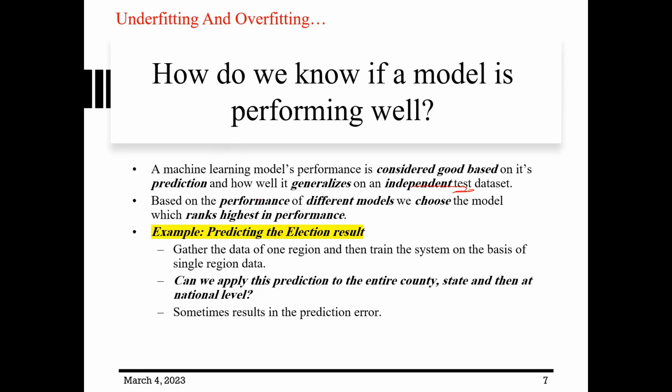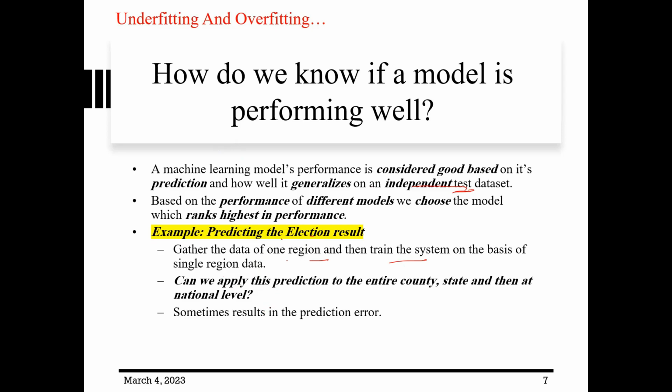Now, let's look at this example of predicting election results. You gather the data from one region, and then you train the system on the basis of this single regional data. If it works fine, that is the first part of the inductive learning hypothesis. Now, can we apply this prediction to the entire country, county, or state, at the national level? This is what you want to check.